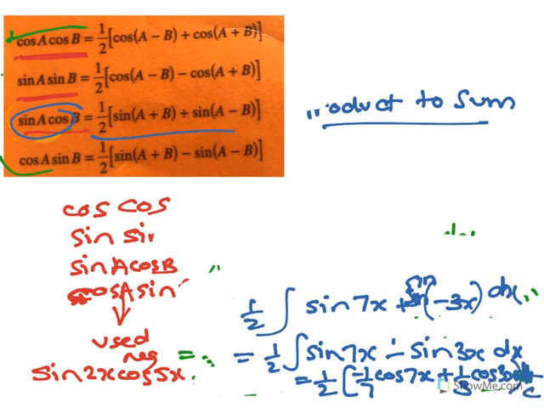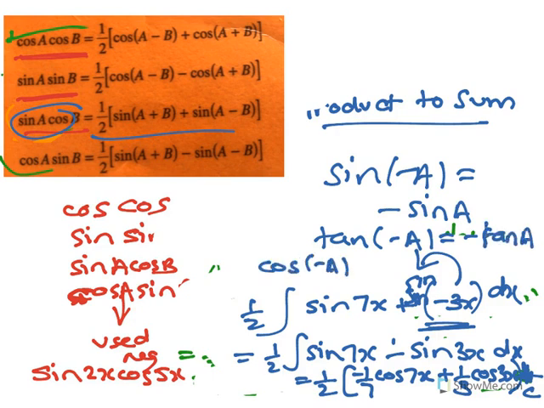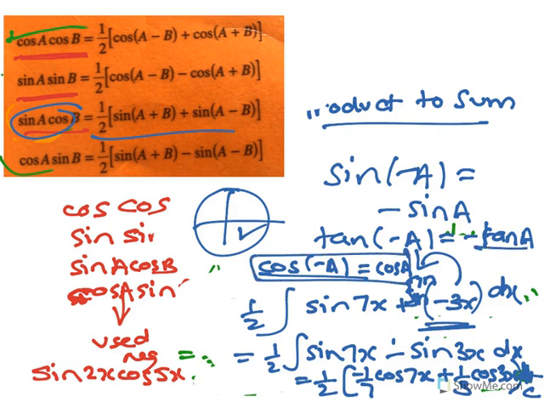So the only difference with this is if you do get the minus 3, you can leave it in there too and divide by minus 3, but it's easier just to use the rules like sine of minus a is minus sine a, so pull the negative out, and tan of minus a is minus tan a. But in a lot of these, if you get cos of minus a, that would be cos a. That's basically because minus a is in the 4th quadrant, and cos is positive in the 4th quadrant, but tan and sine are negative.